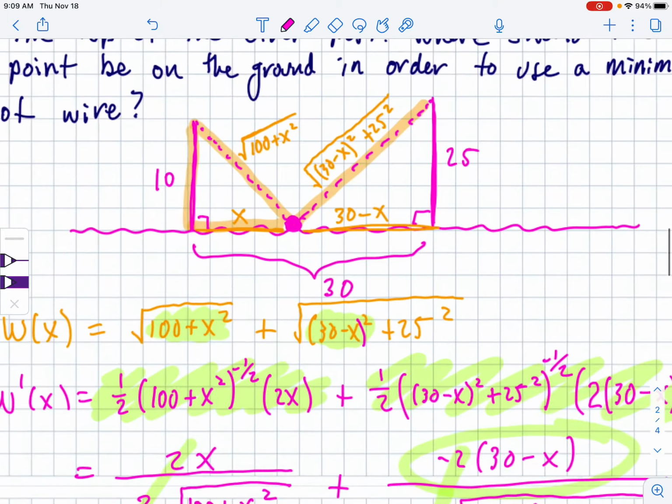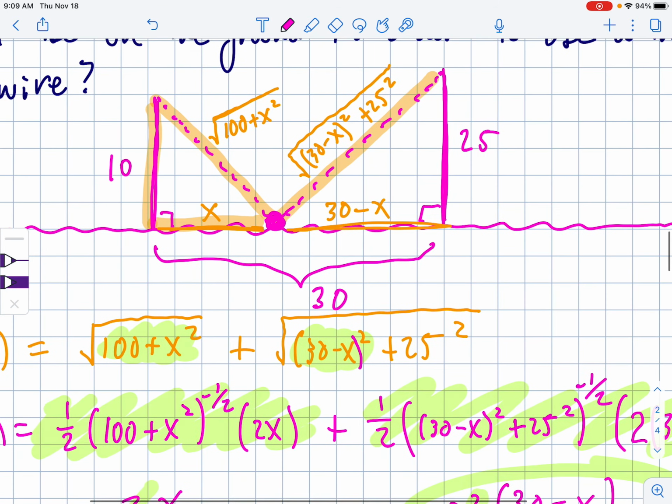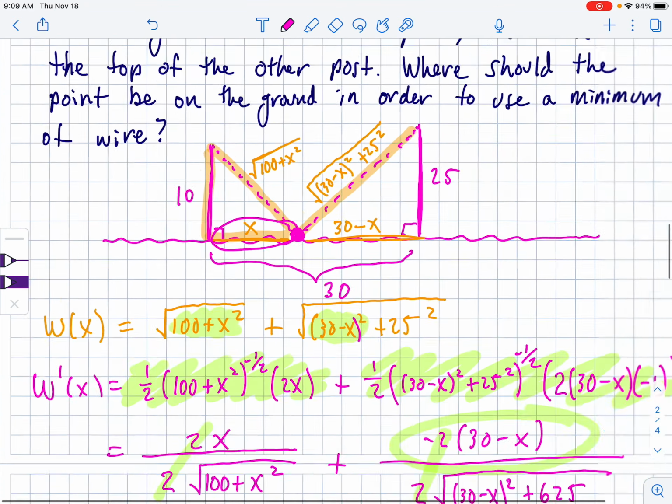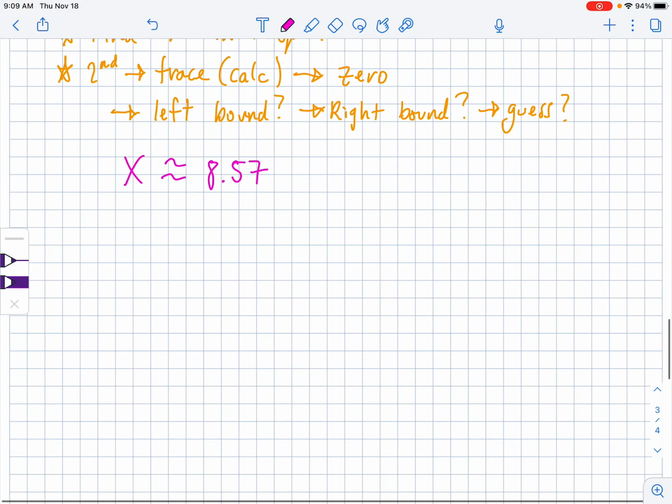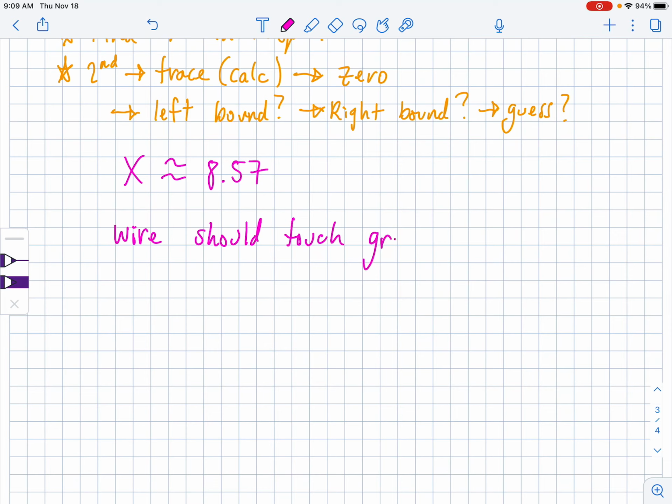Which, back to my original problem here, that means it should be 8.57 feet from the 10-foot post. So my final answer, oh gosh, I said left post.